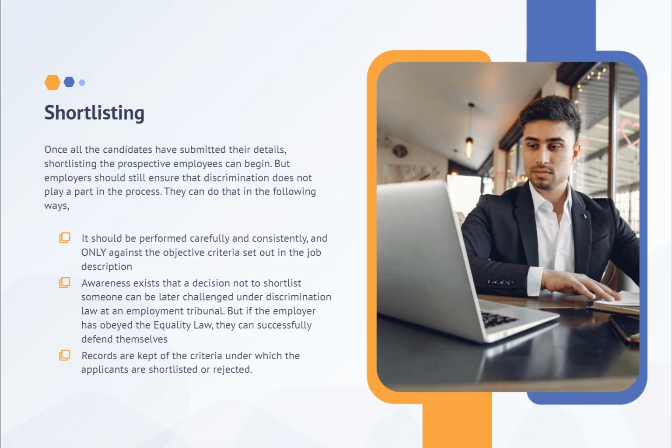Awareness exists that a decision not to shortlist someone can be later challenged under discrimination law at an employment tribunal. But if the employer has obeyed the equality law, they can successfully defend themselves. Records are kept of the criteria under which the applicants are shortlisted or rejected.